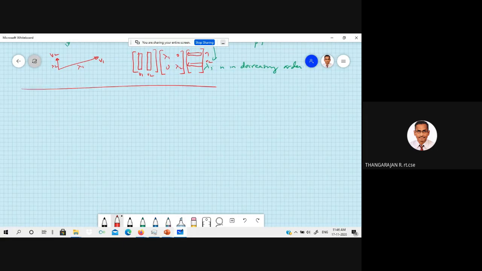Suppose you take any rectangular matrix A of m cross n. It is a rectangular matrix, so there are m rows and n columns, and I'll take m as bigger.